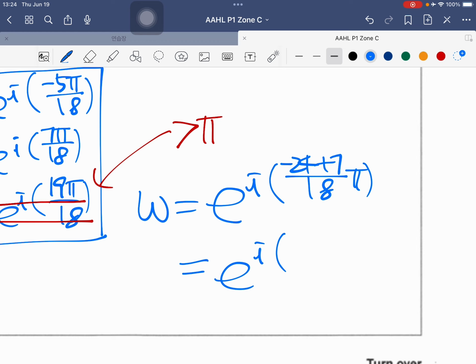Minus 17, yeah, minus 17 pi over 18. So this is W.